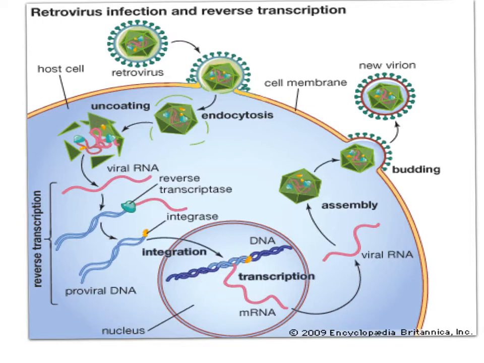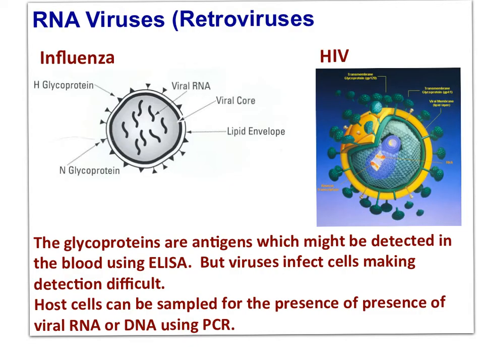Testing host cells for the presence of viral DNA or RNA would detect viral infection. Cells of the host can be sampled, and the viral RNA or DNA can be detected using PCR. Stay tuned. Examples of RNA viruses, also known as retroviruses, are the influenza virus as well as HIV.